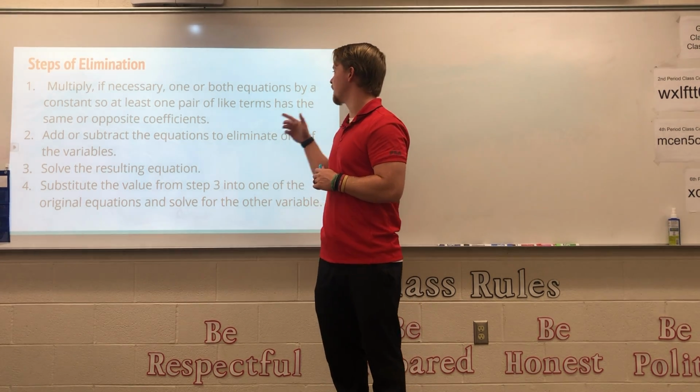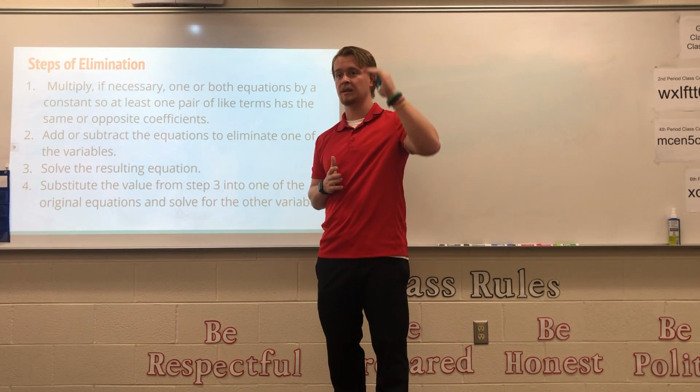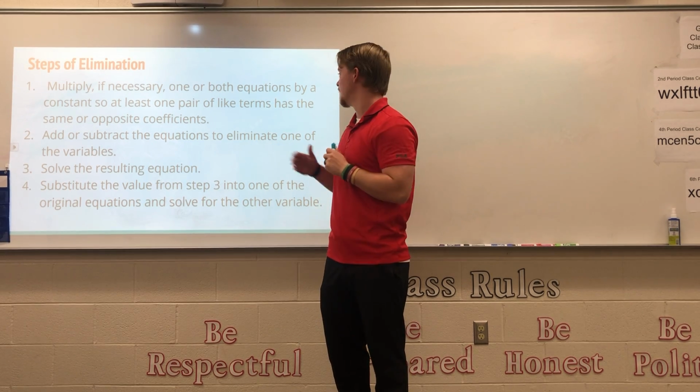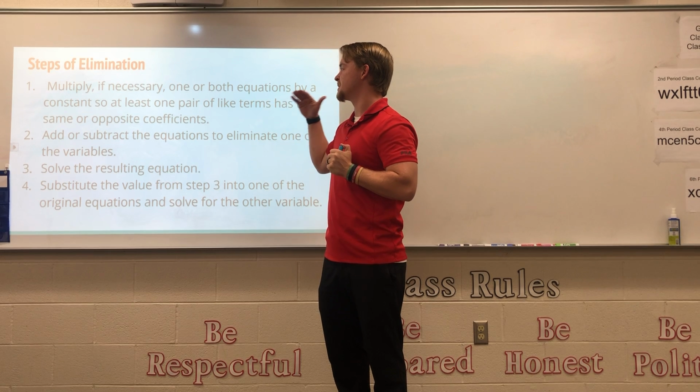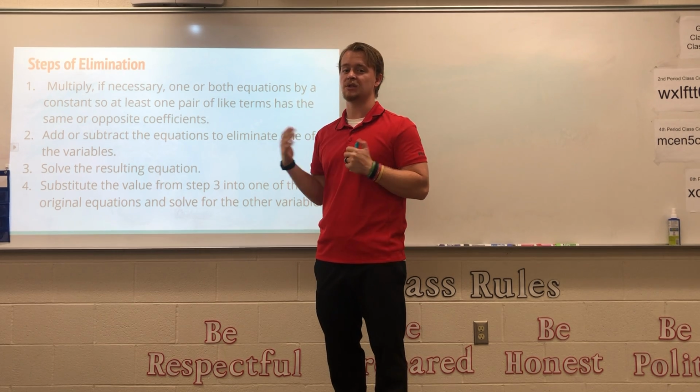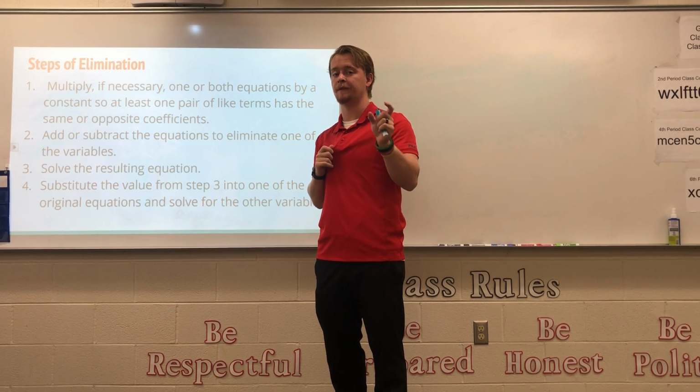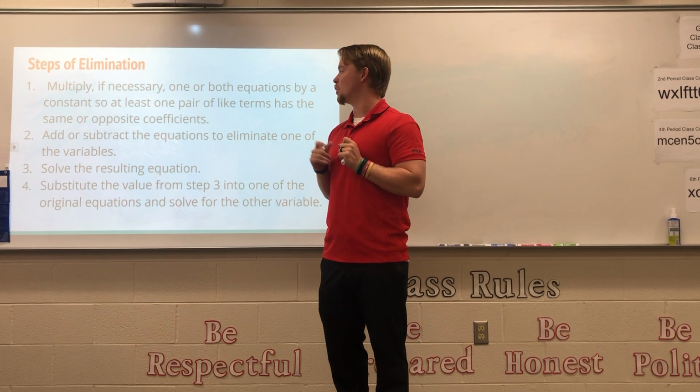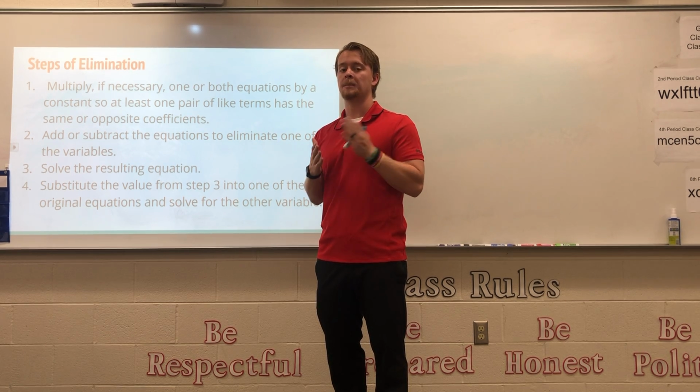At least one pair of like terms, meaning the x's or the y's, has the same or opposite coefficient. If you don't know, a coefficient is the number in front of your variable. So you want either the same number or opposite numbers.